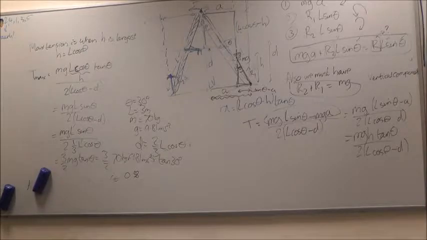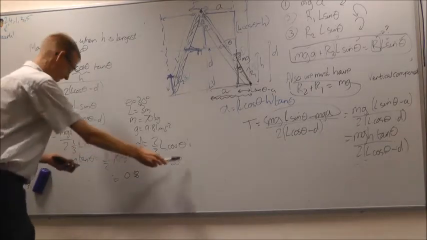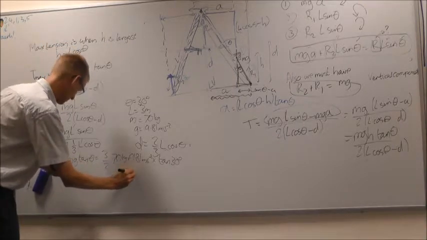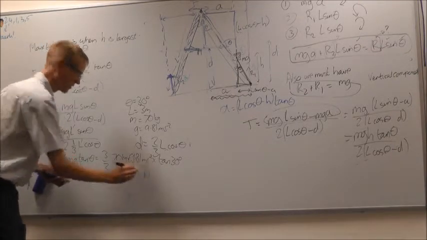Let's try that again. 70 times 10, that's... Always check. 1.5 times 70 times 9.81 times tan 30. Tan 30 is 0.58, of course. 595 newtons.